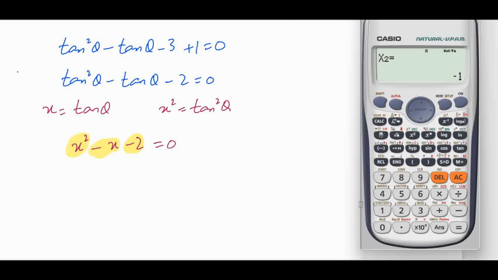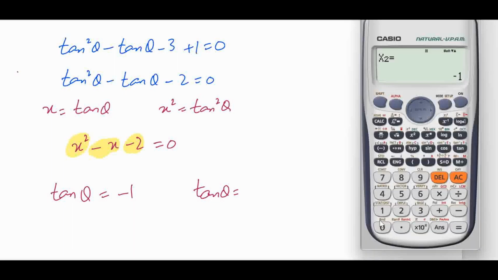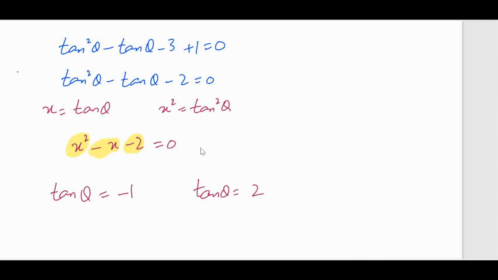So we can say that tan theta will be equal to minus 1, and tan theta will be equal to 2. So we have two values, 2 and minus 1.